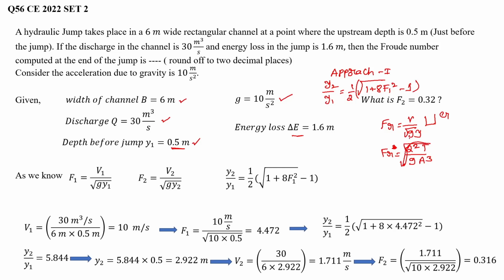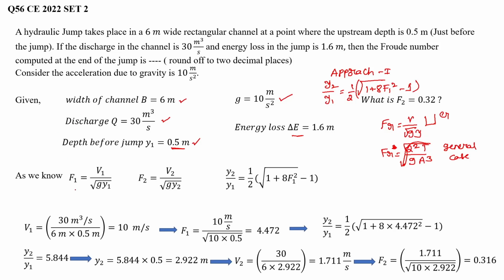Sorry, this is for the general case. Most of our examples are related to rectangular channels, so no need to remember this Q square T by g A cube, but it is good if you remember this formula. But the most relevant formula for us is V upon root over g into y.